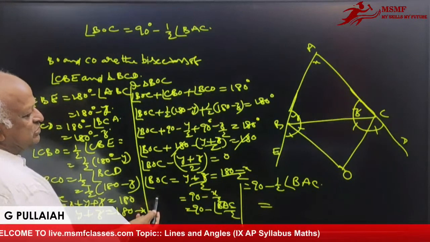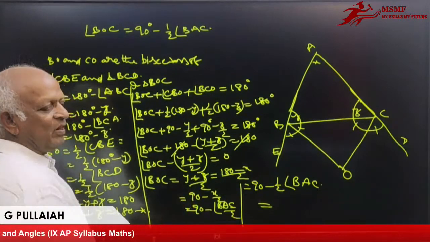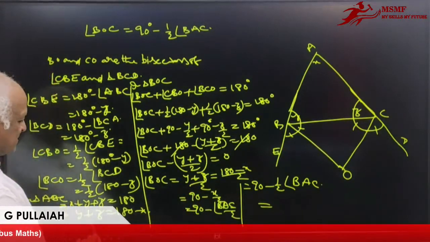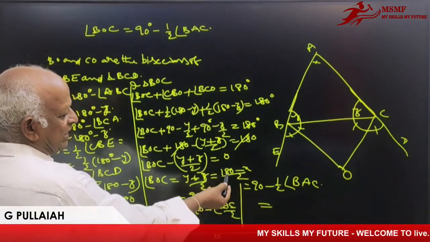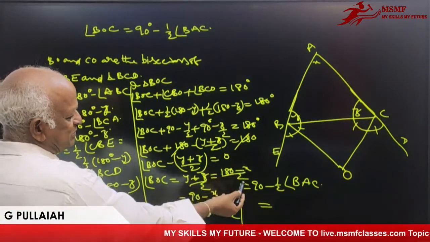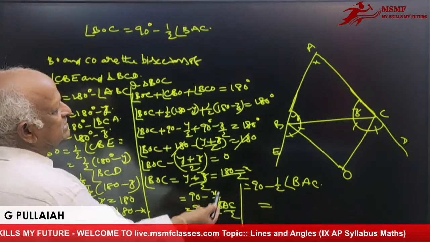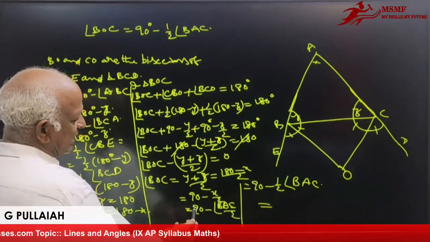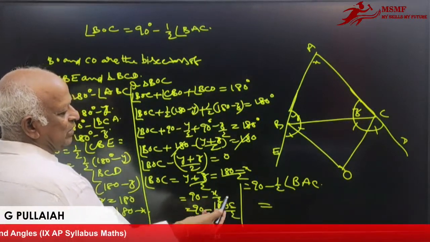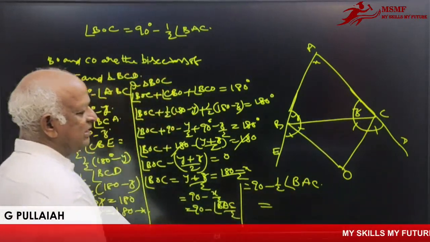So angle BOC is equal to half of y plus z. Y plus z is 180 minus x, so angle BOC is 180 minus x by 2, that is 90 minus x by 2. This x is angle BAC. So angle BOC is 90 minus half of angle BAC, hence proved.